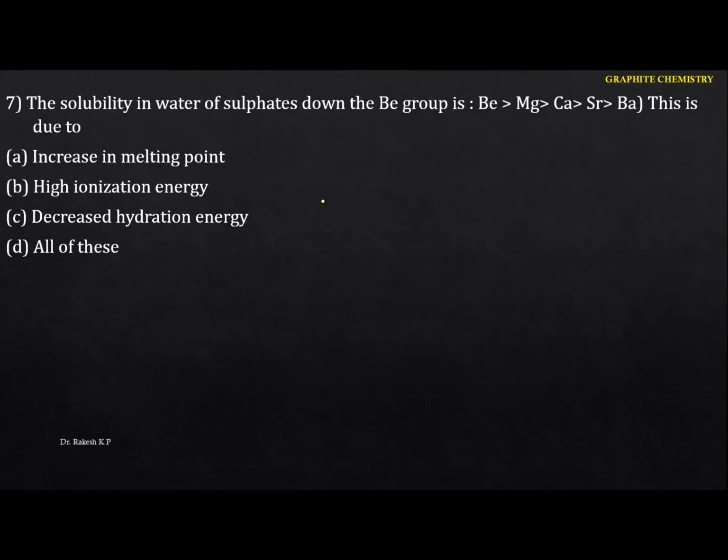You have to identify that there is a decrease in the charge density. So that shows that there is a decrease in the hydration energy. Because there is a decrease in the hydration energy, we can identify the order. Hence the option is the C.